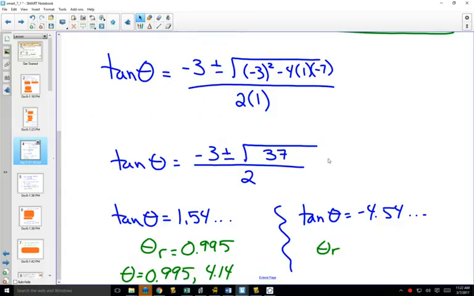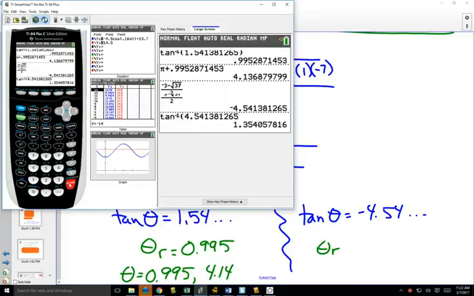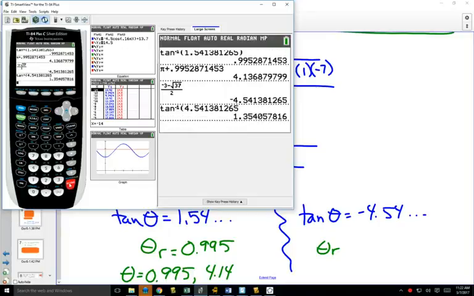So now I want to find my reference angle, and I want to go tan inverse of this number, but when we're finding our reference angle, we always do the tan inverse or sine inverse or cos inverse of the positive value. So I'm going to go back to that negative there, take that out, and I find out my reference angle is 1.35.